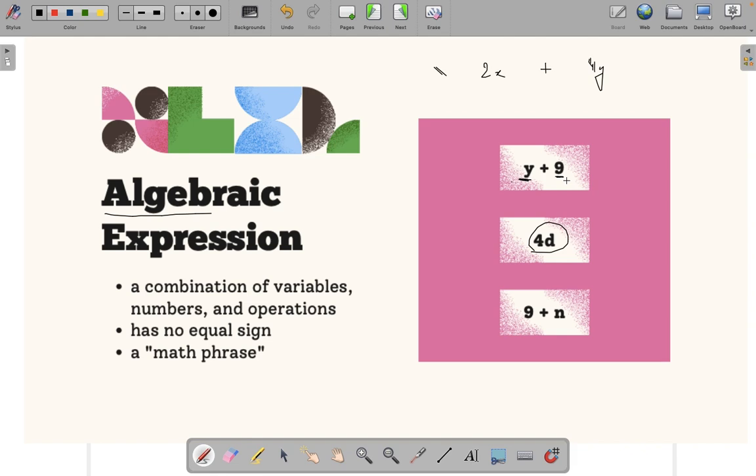That is why it is an algebraic expression. So this is a single algebraic expression, and this is a combination of two terms, so it is also an algebraic expression. You can have either one term or more than one term. When you have one or more than one term, it is known as an algebraic expression.